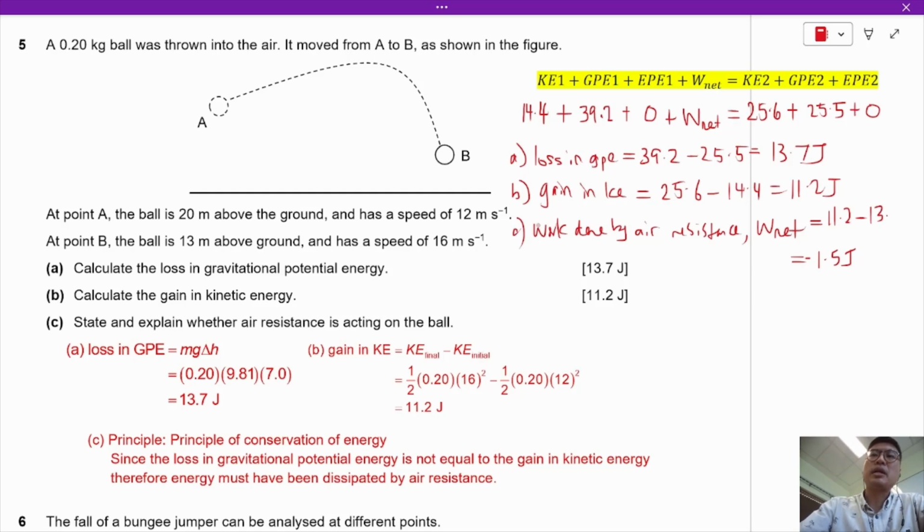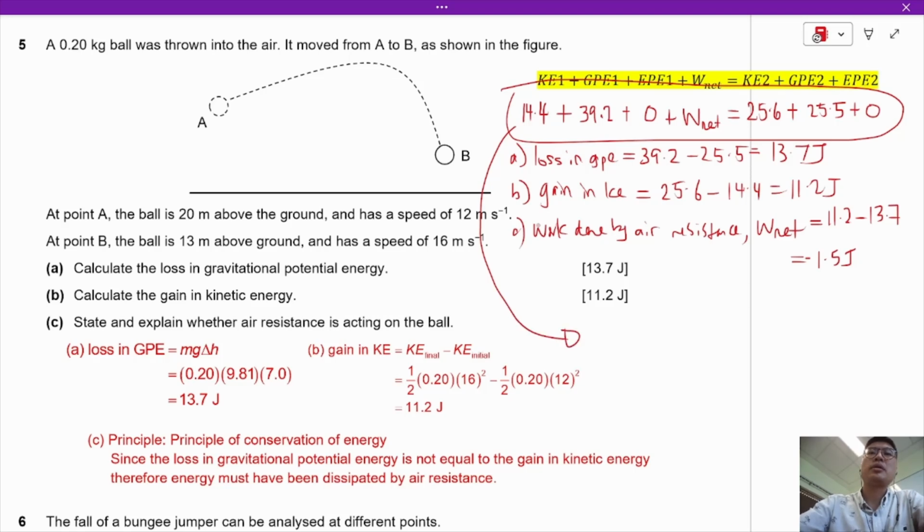It's a negative work done because it's reducing the KE of the ball. Or you can use this formula up here to work out that W net equals, and then you subtract everything over there, you get minus 1.5 joules. It's a negative work done once again because air resistance tends to make the object lose kinetic energy. So it's a negative work done.